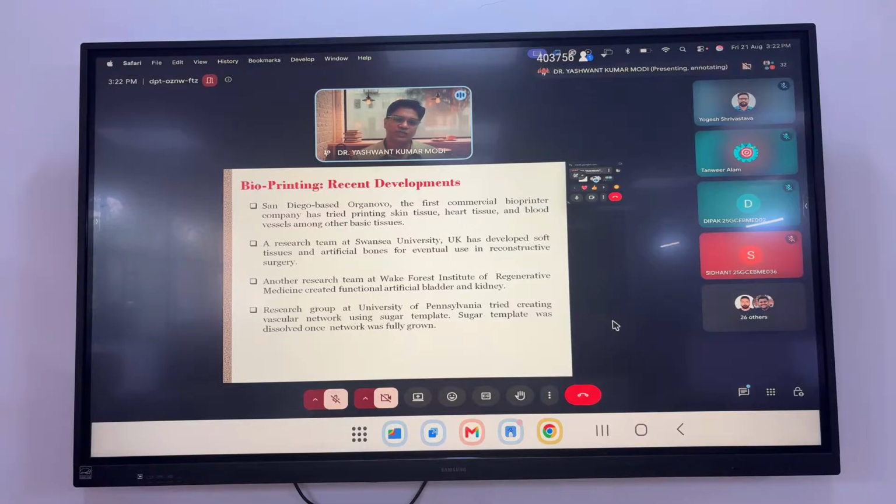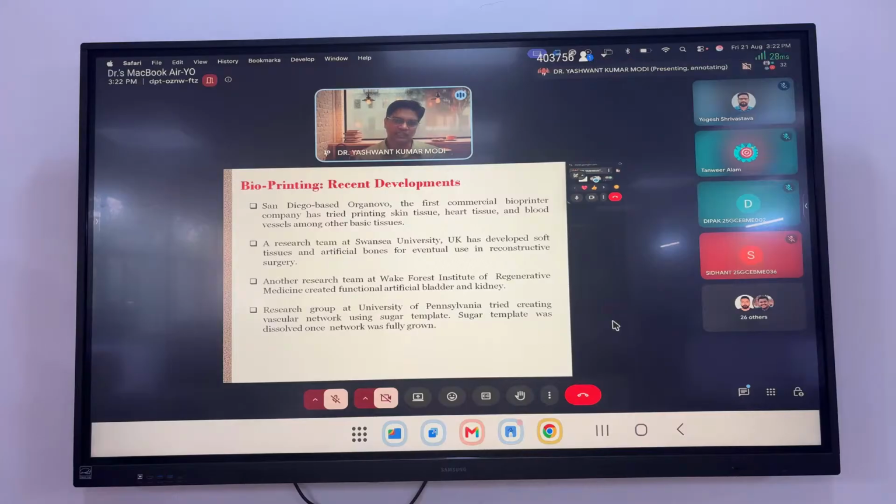A research group at the University of Pennsylvania tried creating a vascular network using a sugar template. The sugar template was dissolved once the network was fully grown. So, there are many research groups working on 3D bioprinting, trying to create different human organs.